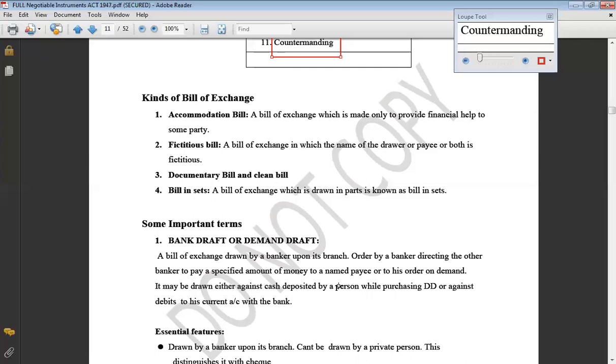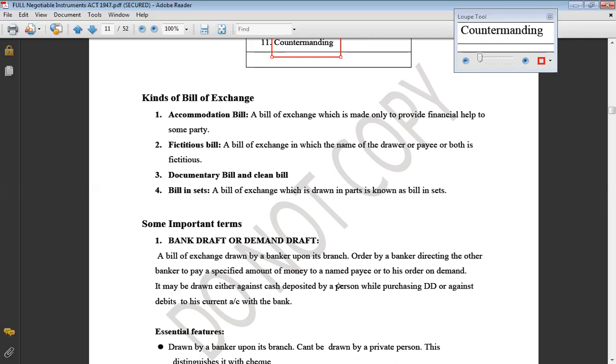You want money, and I don't have money to help you. You take my accepted bill and you get it discounted from the banker. On due date, when payment will be due, I will have to make payment to the bank. You give this money back to me, and then I will make the payment to the bank. So this way you will be helped also, and I will also be in a position to pay back the money to the banker, because the bill was discounted by you.